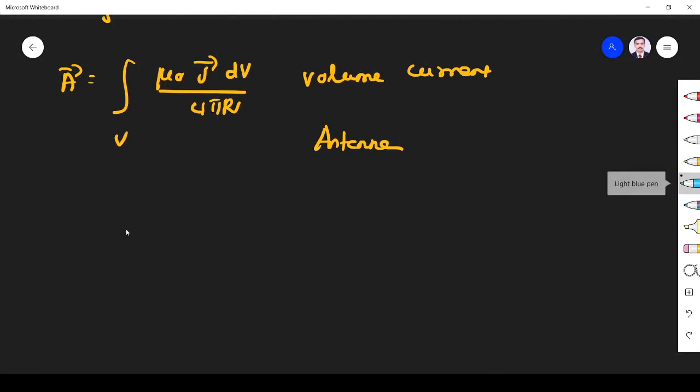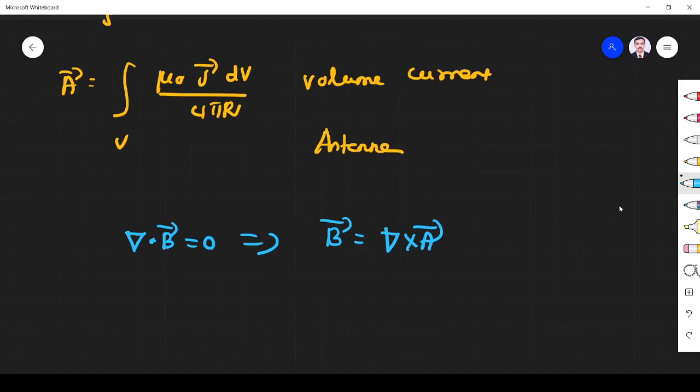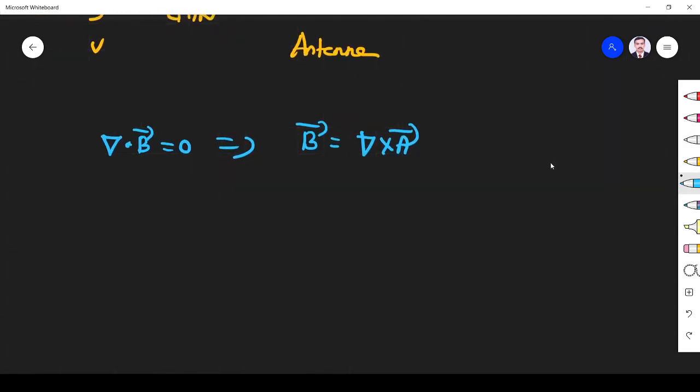Next, we know Gauss law for magnetic field is given by del dot B is equal to 0. If del dot B is equal to 0, as per the null identity, B can be written in terms of del cross A. If you have any doubt, please refer to my video on null identity, which is dealt with in chapter number 1.